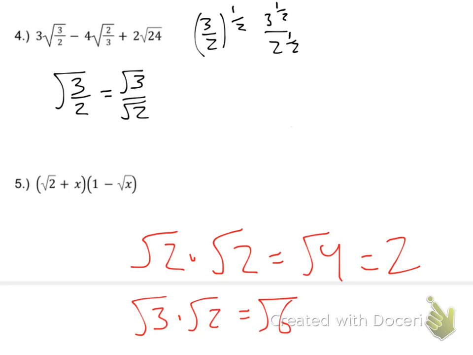Going back up to our problem of square root of 3 over square root of 2 now again. Because I don't like square roots in the bottom. On top, I'm fine with, but not the bottom. So to get rid of a square root of 2, I'm going to multiply it by square root of 2. But don't forget, what you do to the bottom, you have to do to the top.